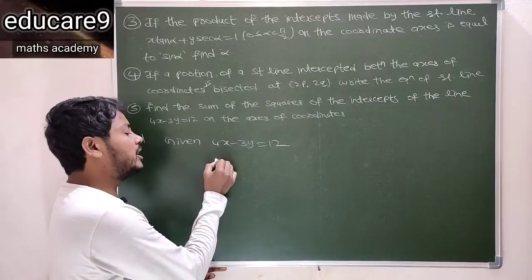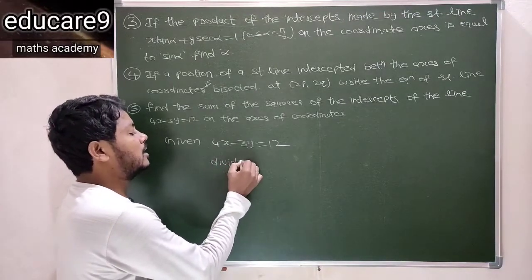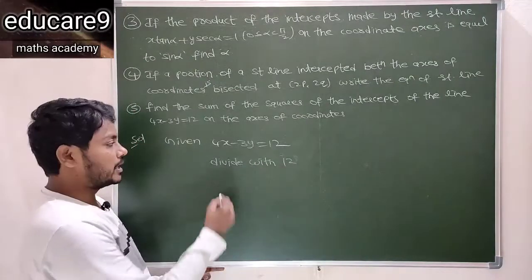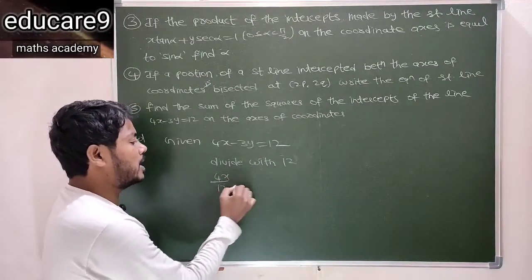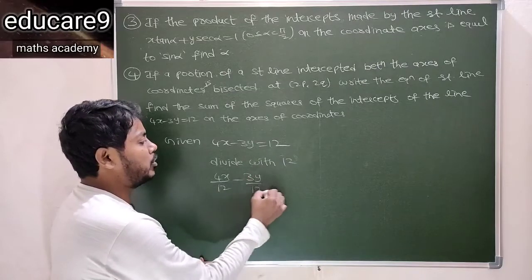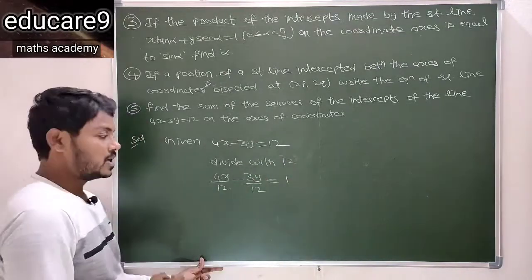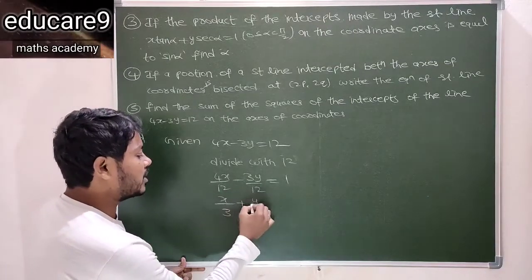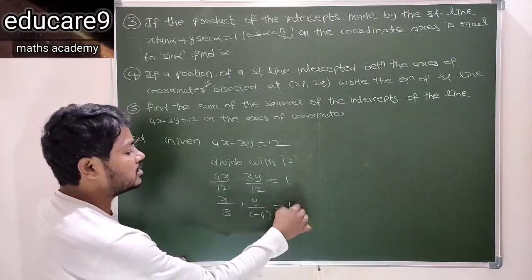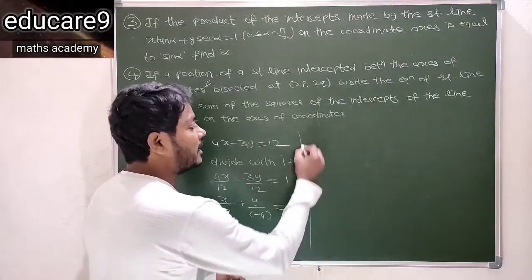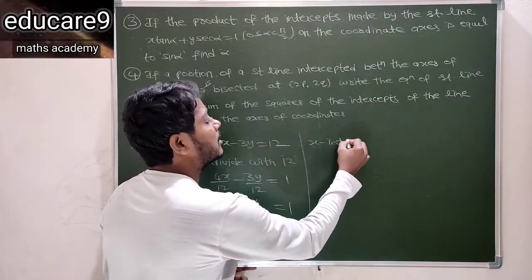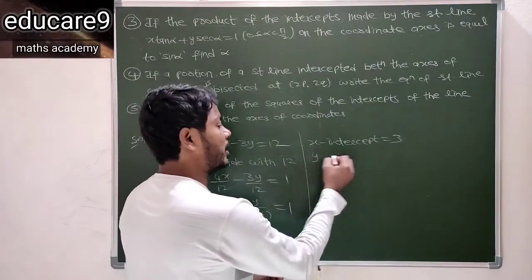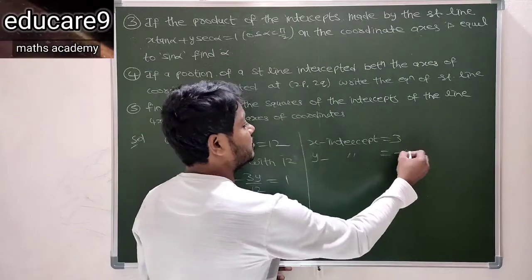So for that we have to divide both sides by 12. So what do you get? 4x by 12 minus 3y by 12 is equal to 12 by 12, which is 1. So clearly this is x by 3 plus y by minus 4 is equal to 1. So clearly the x intercept is 3 and the y intercept is minus 4.